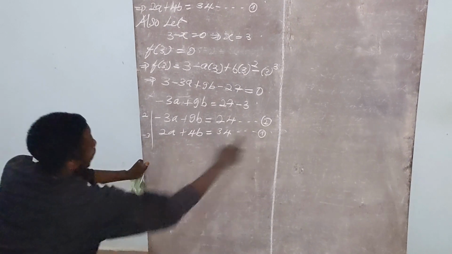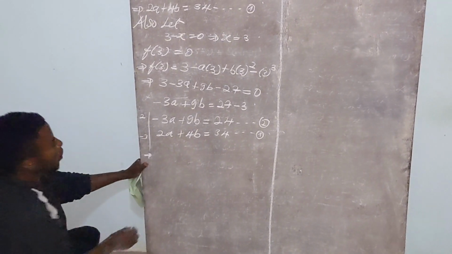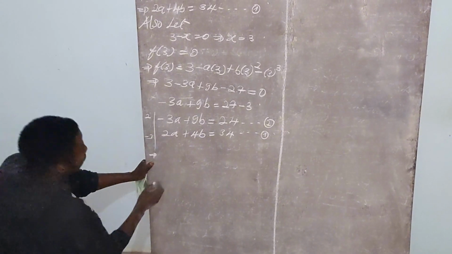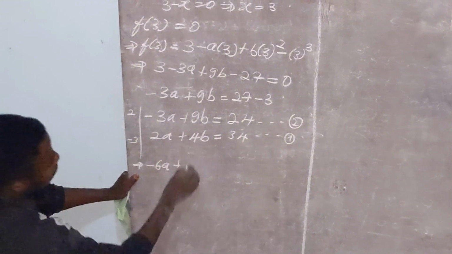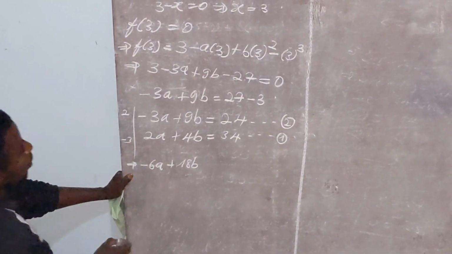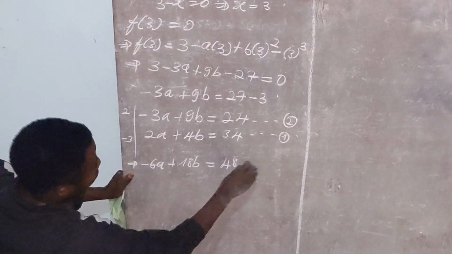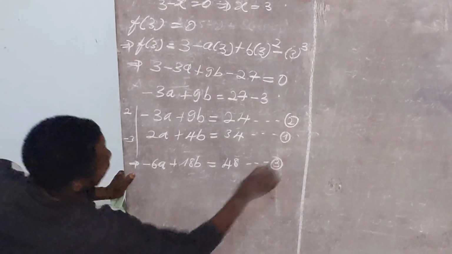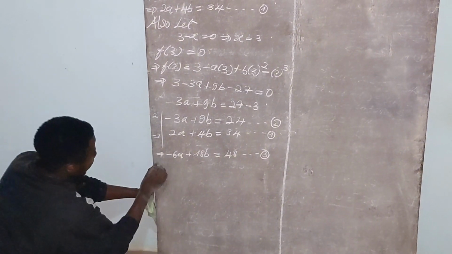So I multiply this second line by negative 3. This implies the new equations we are going to have will be: 2 times minus 3a, we have minus 6a, plus 2 times 9 will give 18b, equals 2 times this value, which is 48. This is now equation 3. Okay, we'll do the same to the other line. You see that the coefficients here will be the same now.